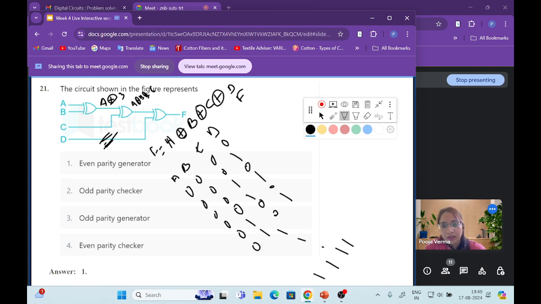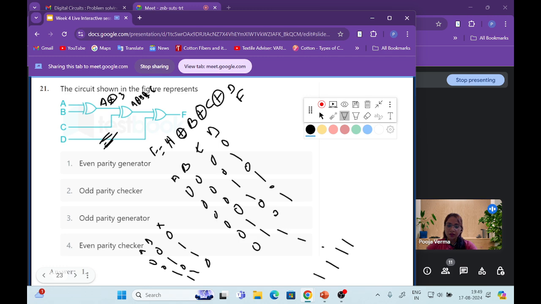It is all XOR. So first XOR A and B. 0 XOR 0 will be 0 only. Let's go with 0, 1, 1, 0, 1, 1. What is A XOR B? Already we know the truth table of the XOR gate. If inputs are the same, then the output will be 0.